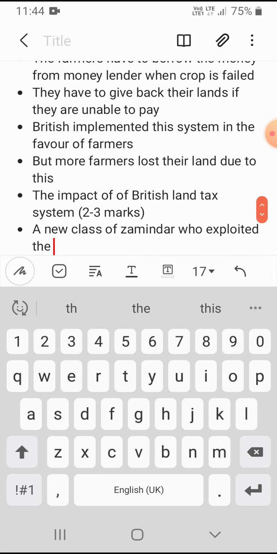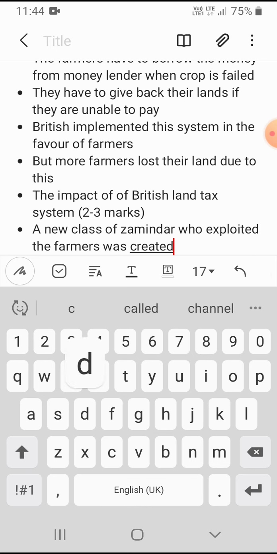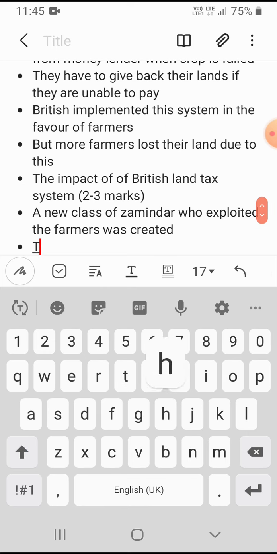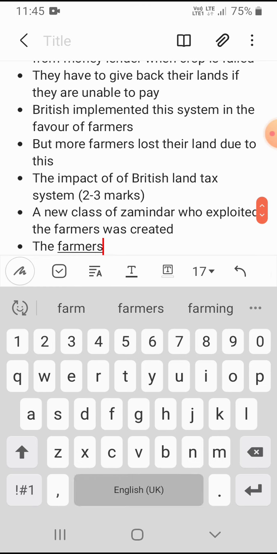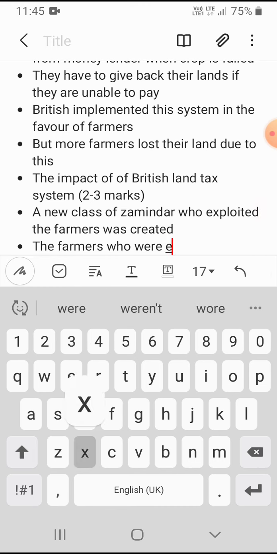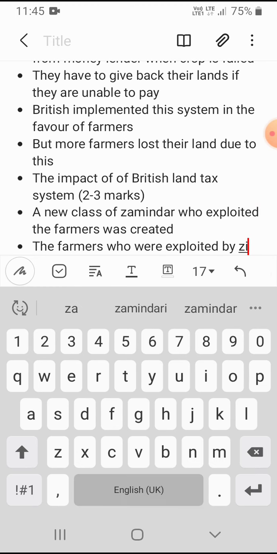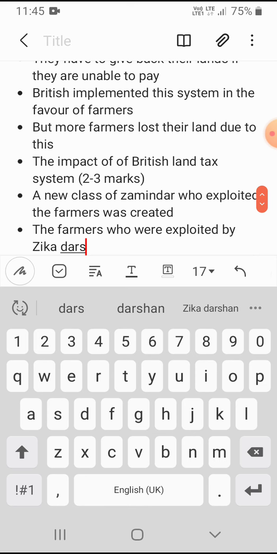The farmers who were exploited by zamindars became landless.